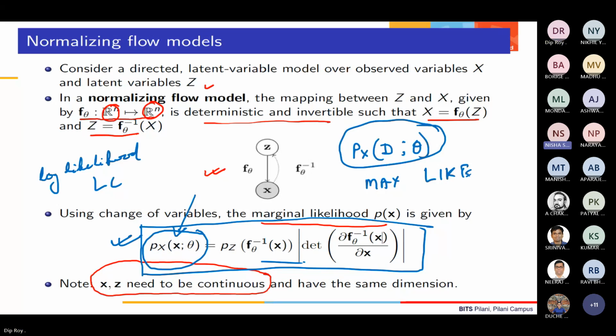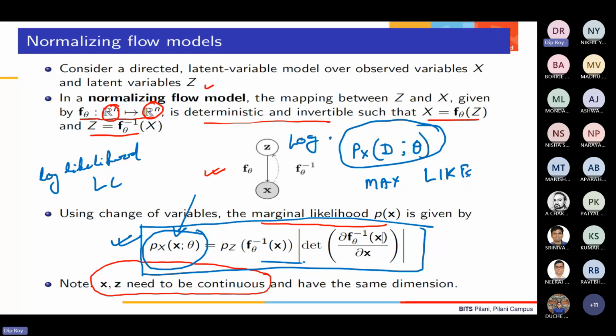Now, obviously, when we are maximizing this particular term, an easy way for us to work is by using a log with it, because log is a monotonically increasing function. And what we can do is essentially put log on both sides.